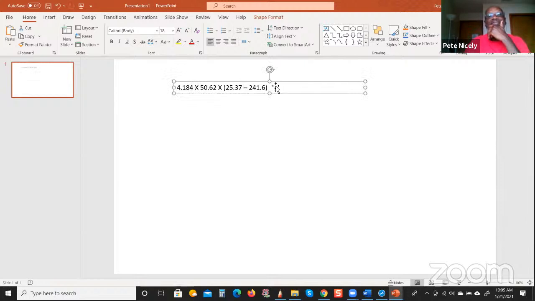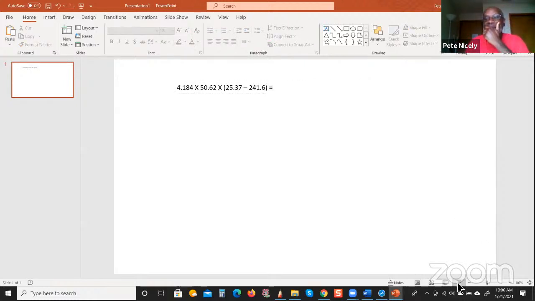Okay, so basically what this question is asking you to do is to work out this here. And basically you'll be using the rules for multiplication and division when, okay, let me make this full screen. Okay, so let's remind ourselves of the rules, right? For addition and subtraction on one side and multiplication and division on the other side.